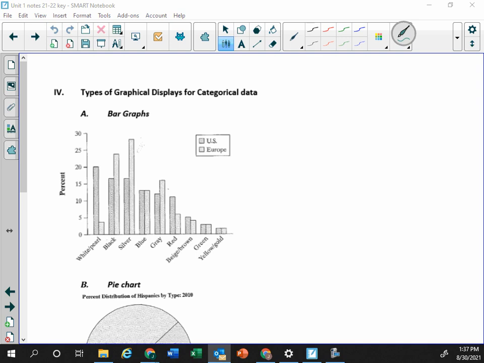All right, guys. But first, we'll talk categorical data. The first one we're looking at here is a bar graph. It looks a lot like a histogram, but it is a little bit different. You actually have spaces in between your bars. So different than a histogram.